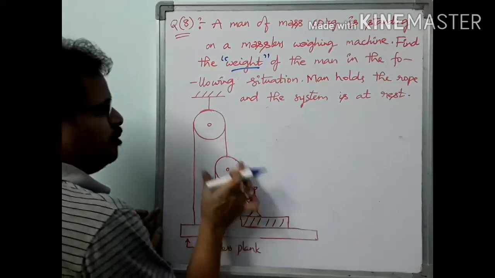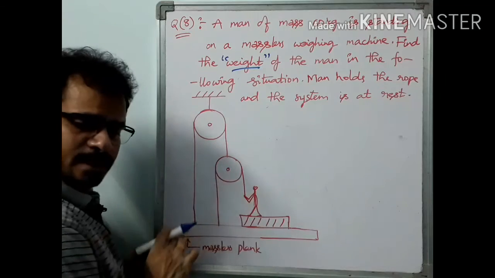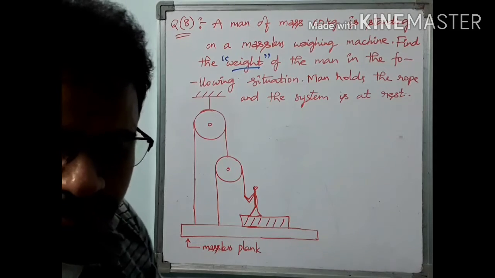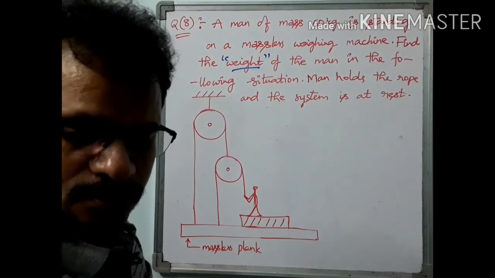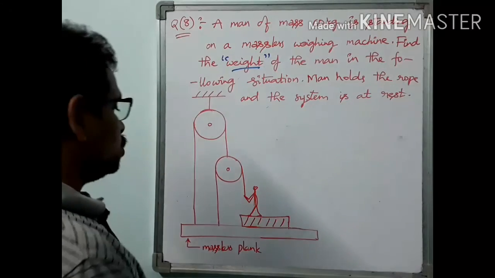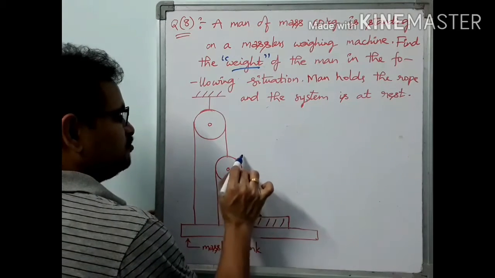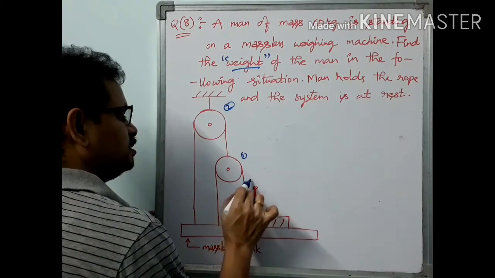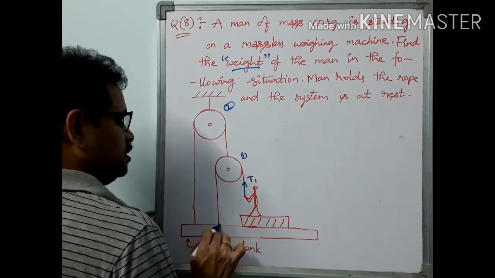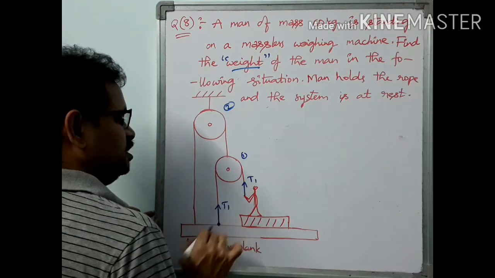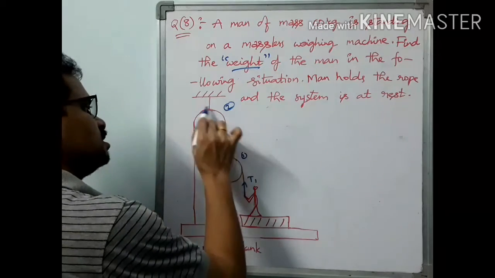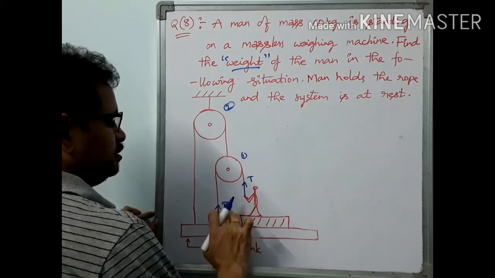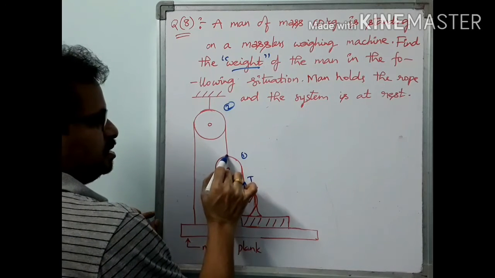And before that, how many rope systems are there here? There are two rope systems here. Let it be system 1, let it be system 2. So tension here is T, and this is rope 2. Then what will be the tension here?